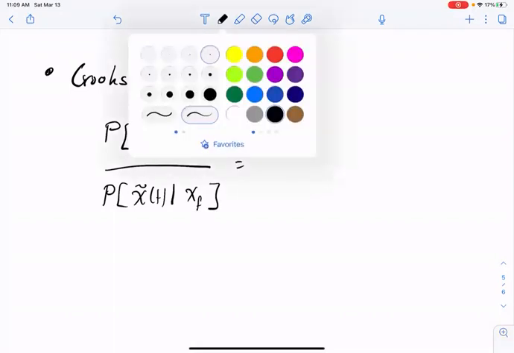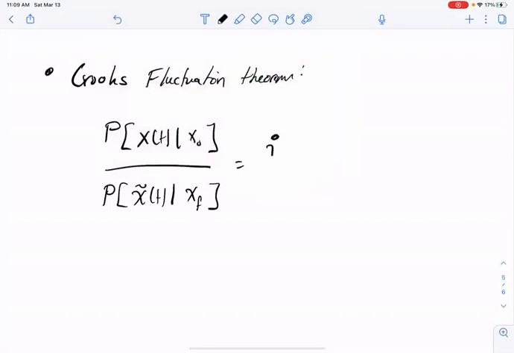So what I mean by this is I can start at x naught, I could propagate a trajectory, end at some xf, that is propagating in the forward direction of time. The probability of seeing that whole trajectory is the probability that I drew those random noises that were commensurate with the forces acting on X, such that I saw that specific evolution.